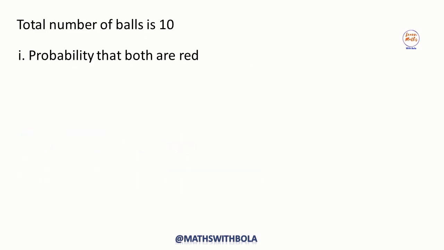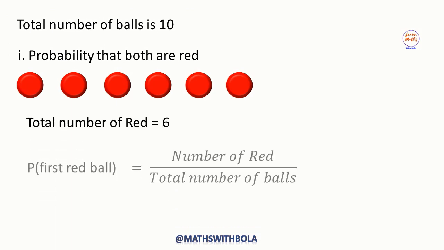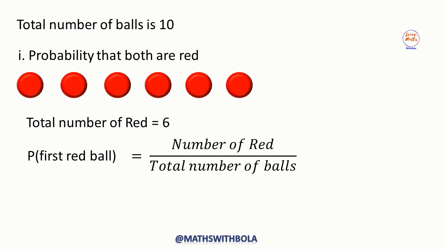So the total number of balls in the bag, according to the question, is 10. And we are asked first to find the probability that both are red. Now we have 6 red in that bag. So the probability that the first ball will be red is equal to the number of red over the total number of balls.